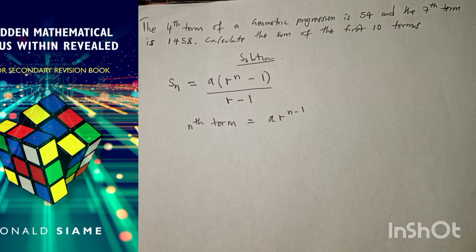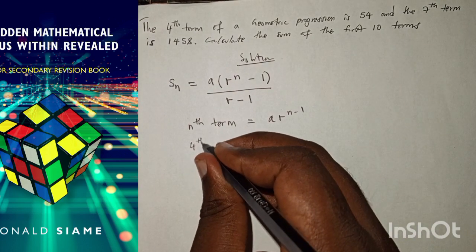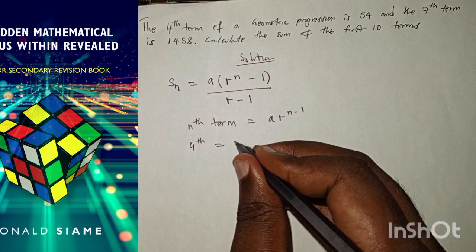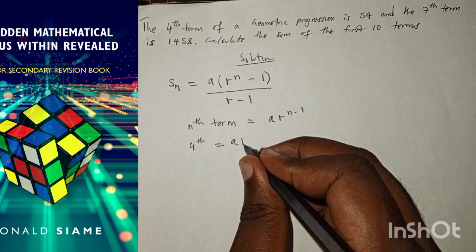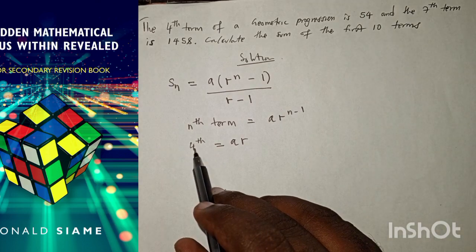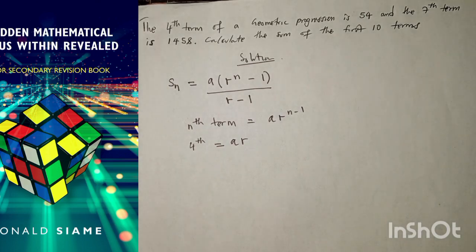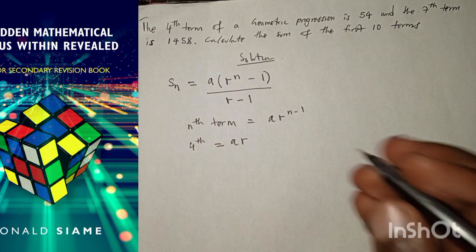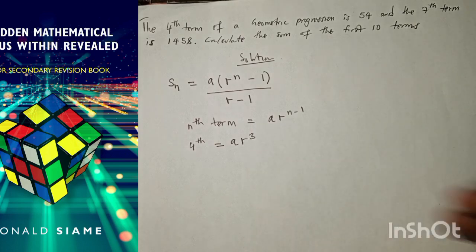Here we have the fourth term, so n is 4, and 4 minus 1 is 3. So the fourth term is equal to A r to the power 3.